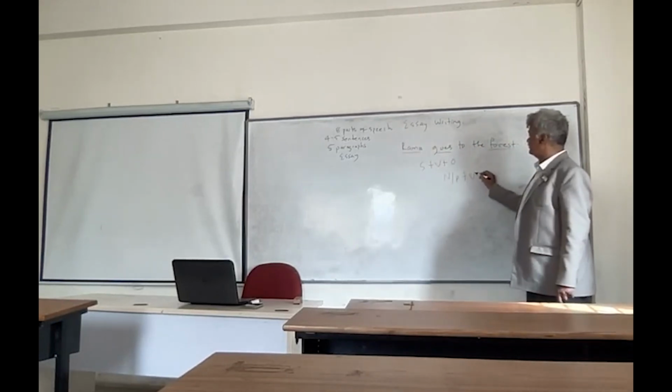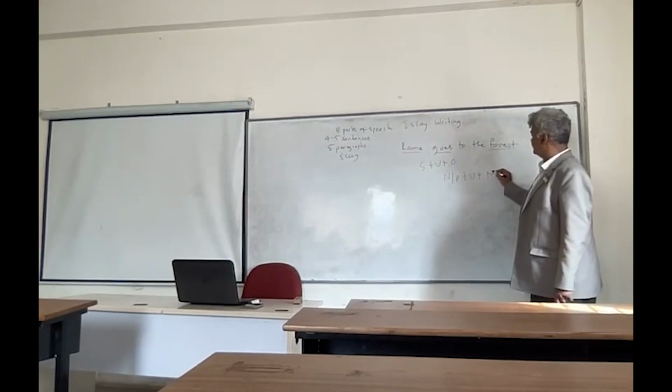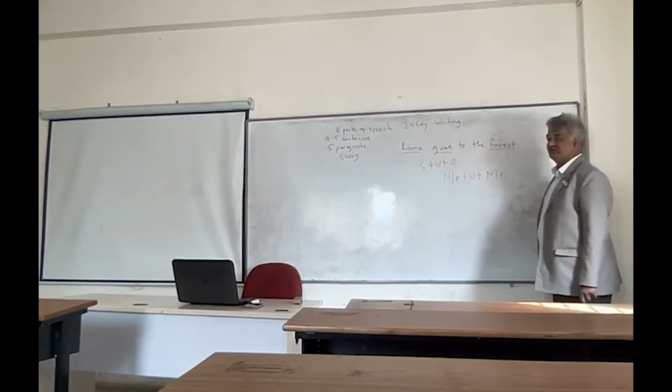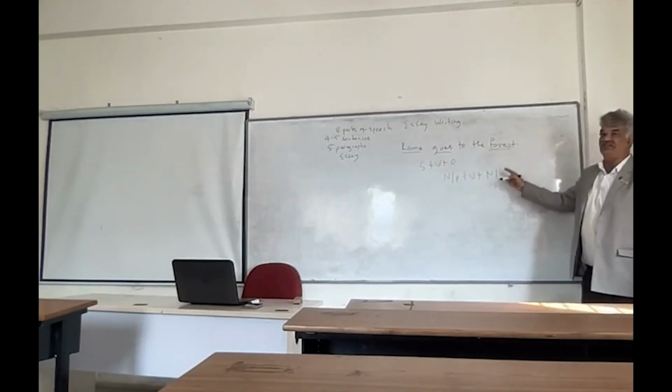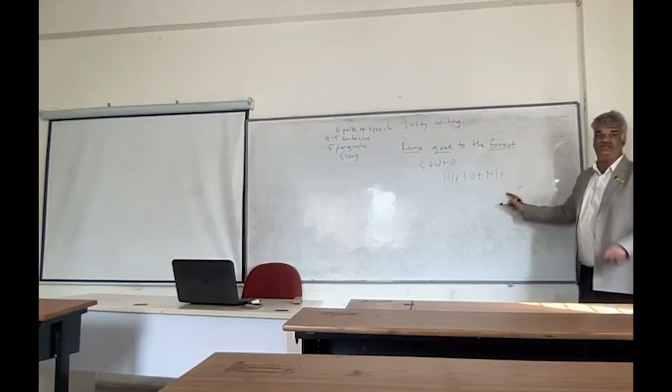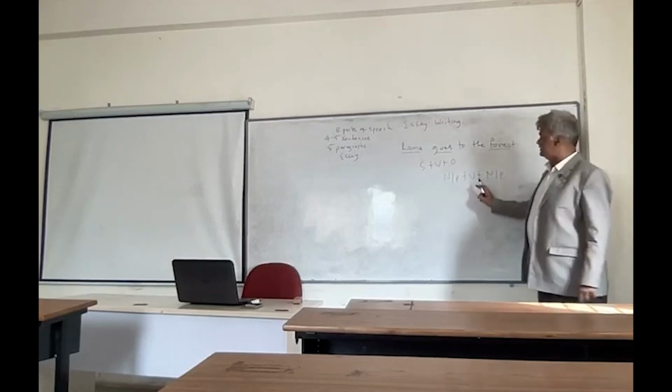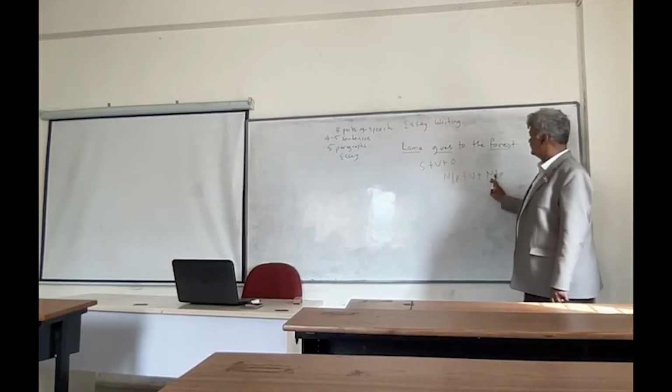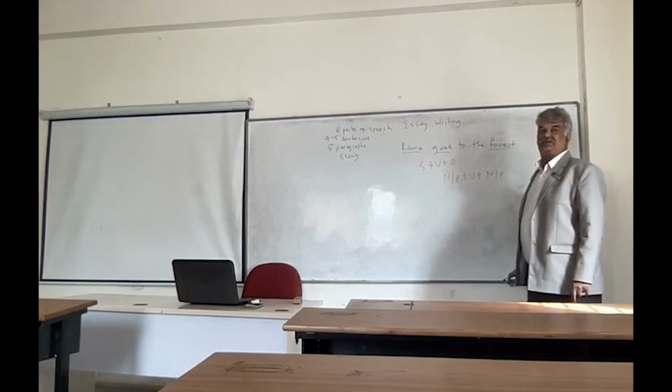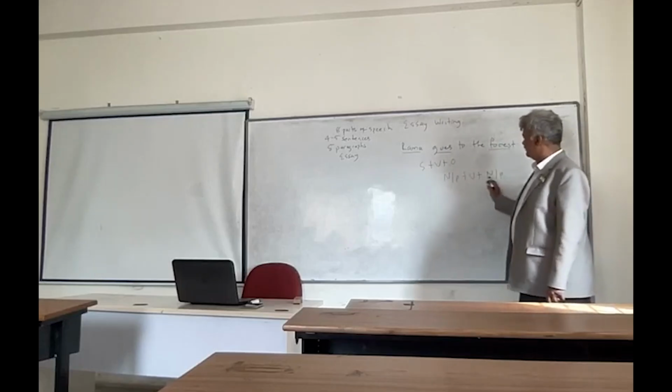Plus you have a verb, plus you have a noun or a pronoun. Now, forest is a noun, there is a pronoun. So this is the basic structure of a sentence. Now, these are only a few parts of it.